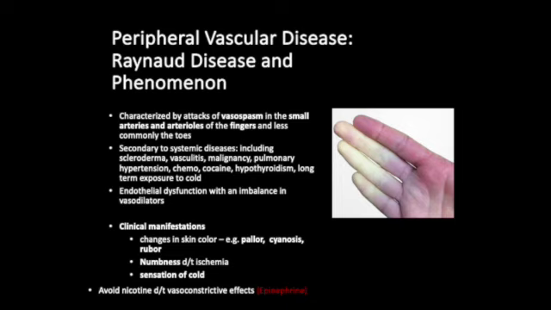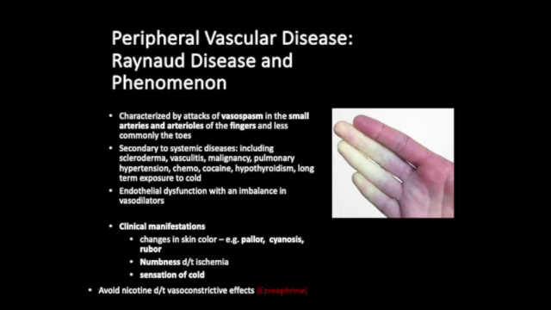Now, Raynaud's phenomenon that's secondary to Raynaud's is a systemic disease that has to do with collagen vascular diseases or scleroderma, or even chemotherapy or cocaine. We might also see Raynaud's phenomenon with hypothyroidism, pulmonary hypertension, serum sickness, vasculitis, and malignancy.